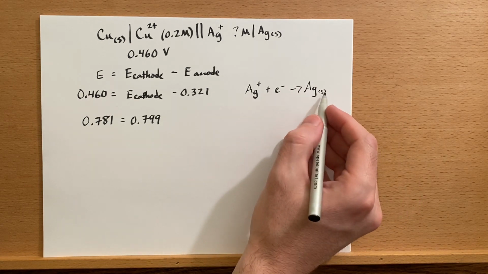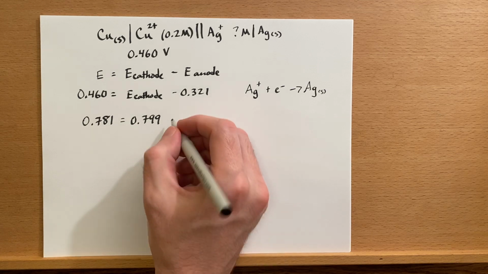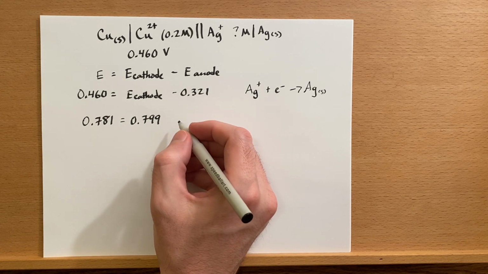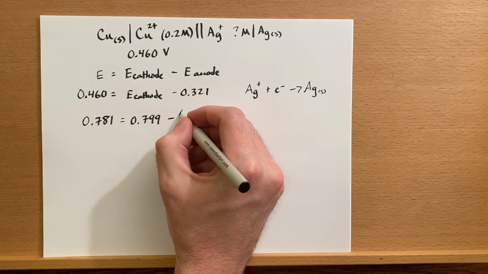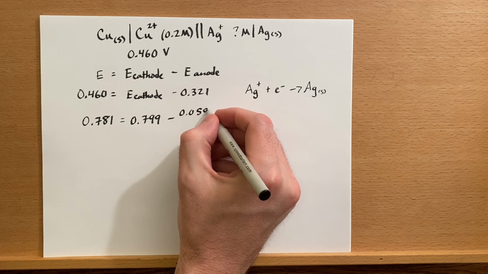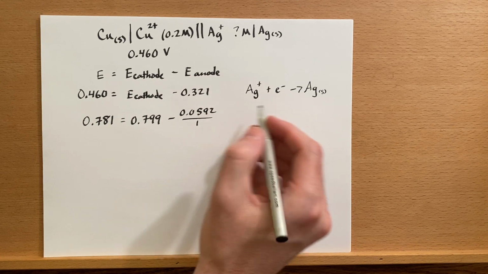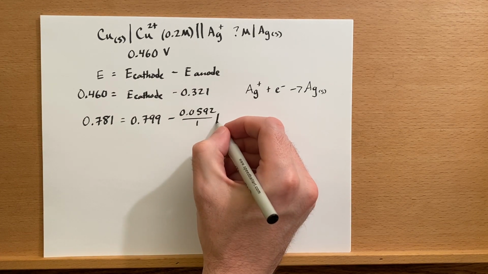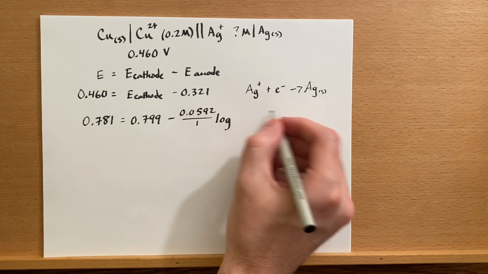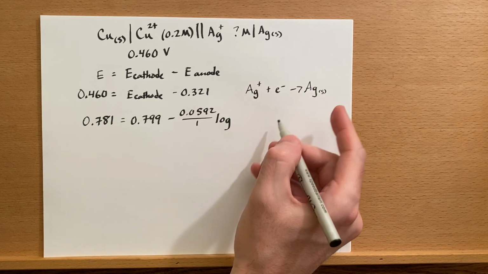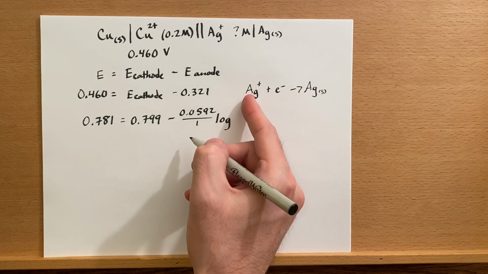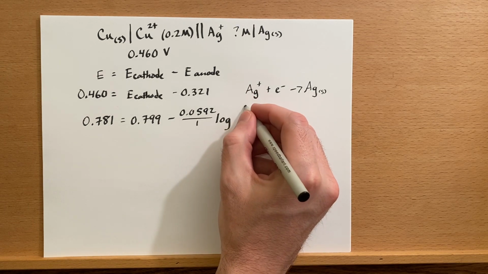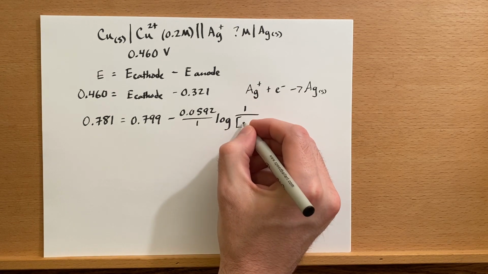We'll write that on there because it's important for when we're writing our Nernst equation. Minus 0.0592 divided by 1 electron times log of, the Q for this is 1 over the concentration of silver. So 1 over concentration.